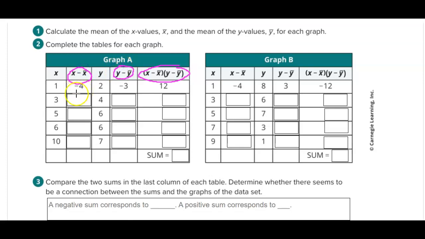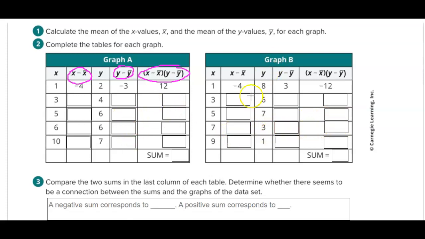So for example, in here, it's -4, and here is -3. -4 times -3 equals 12. This number times this number equals this number. And then the same over here. Multiply these two numbers, product. Multiply these two numbers, product.